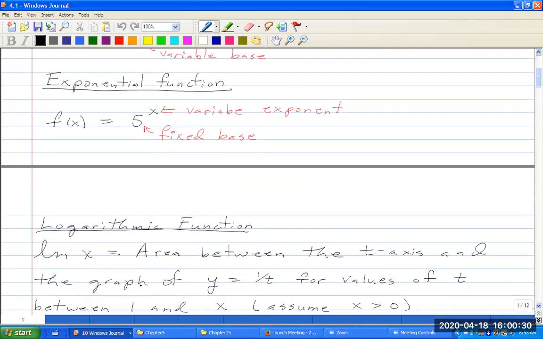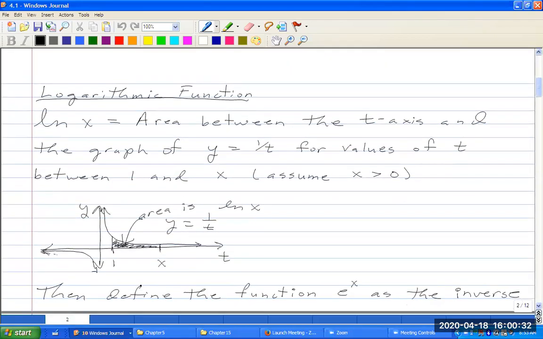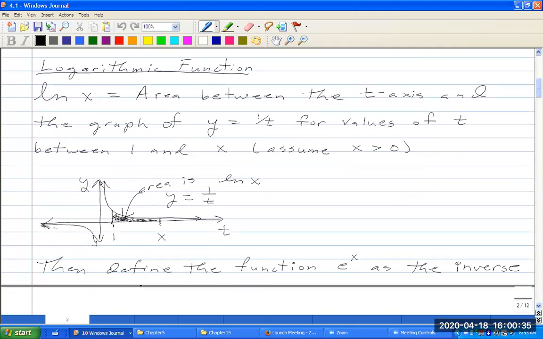A logarithmic function: well, the inverse of an exponential function will be a logarithmic function.